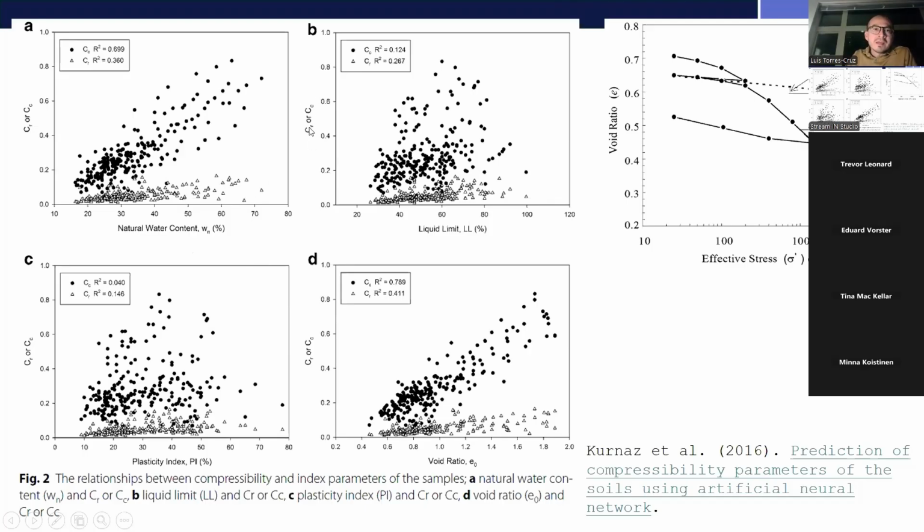So in this case, the authors are dealing with both the compression index and the recompression index, we might call it, where the compression index is the slope of this virgin compressibility curve, whereas this recompression index or rebound index is the slope of the compression curve of an over-consolidated soil. So there we go, CC and CR. This is a 2016 publication.